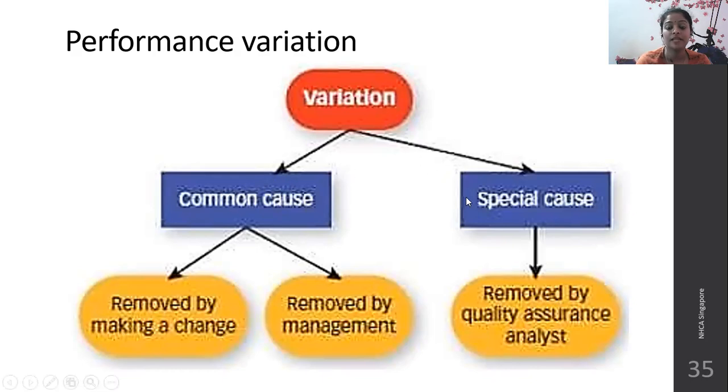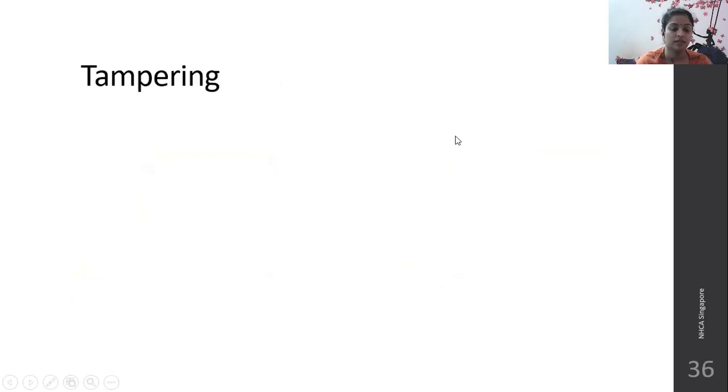For example, a sentinel event, some loss of limb during a surgical procedure or something like that. Treatment led to the loss of functional or motor capabilities of the patient. So that's a special cause, and that will be removed by the quality assurance analyst. So these are the performance variations, common cause and special cause.